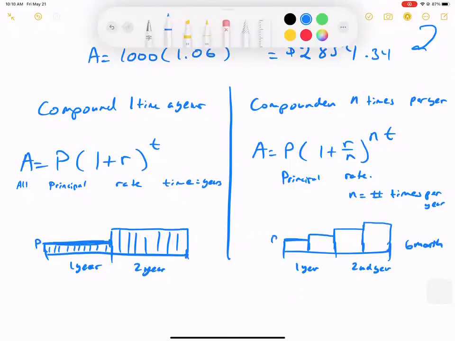So this is our initial P. You get your principal plus interest. And then this is your principal plus interest plus your interest on your interest. And this is your principal plus your interest on your interest plus your interest again. So you're making a little bit more money because you get that money in your bank account more often and they can pay you more often.